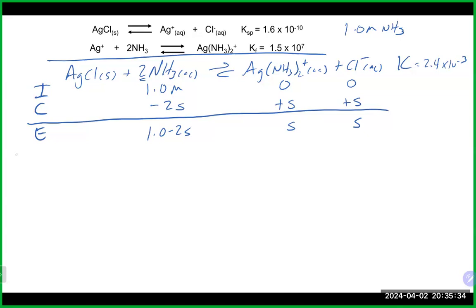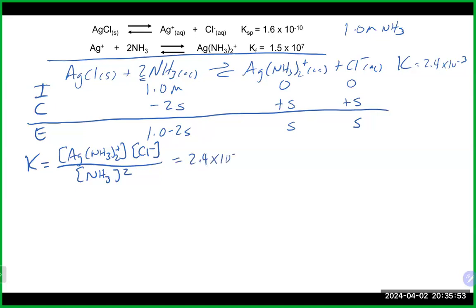This is going to go into our K expression, which will be our products, which is our complex ion times our chloride, divided by our ammonia, which we also need to square in this case. And that's going to equal our 2.4 times 10 to the minus 3.